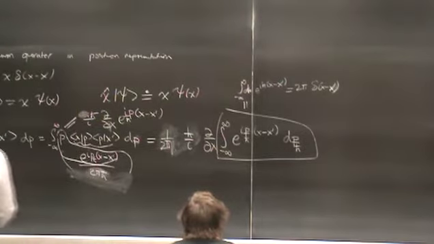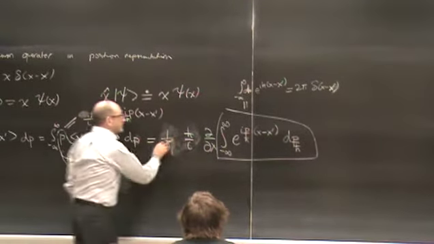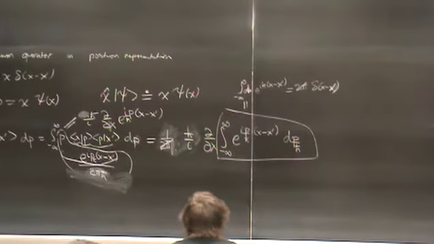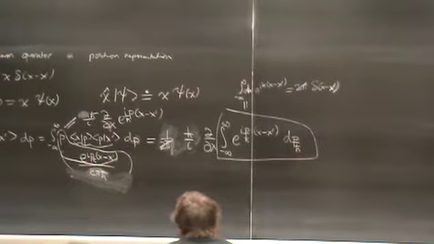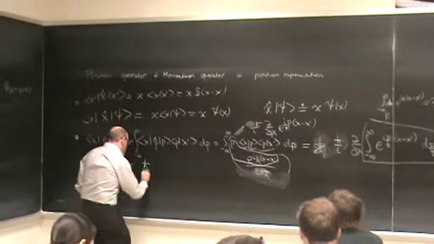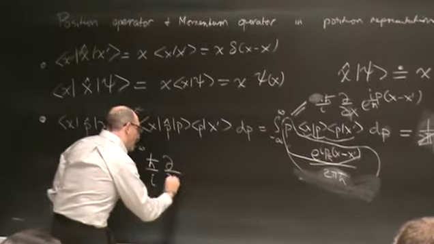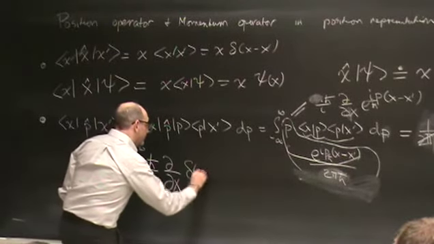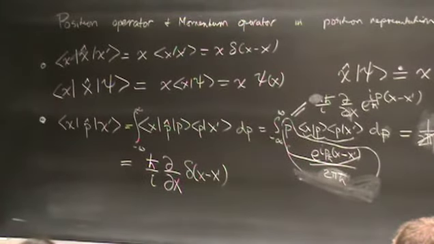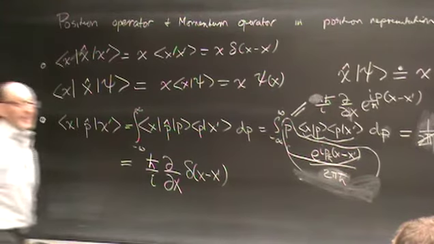So, putting that all together, the 2 pi's cancel, and we have that this matrix element is equal to h bar over i, the derivative operator acting on the delta function. The momentum operator in wave function land is the derivative.